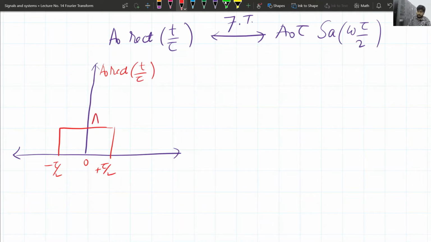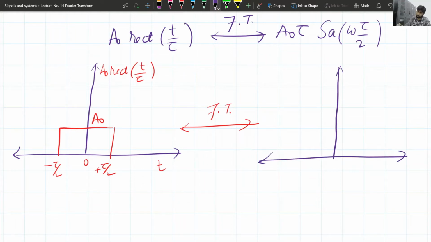This is the rectangular signal in time domain, and it will have a Fourier transform which will be a sampling function.